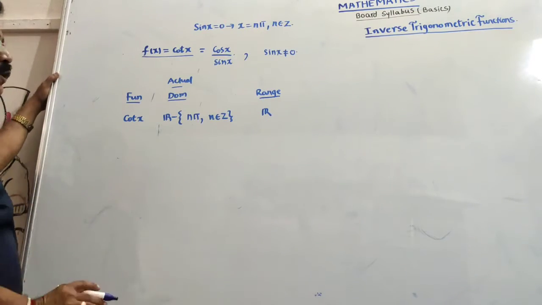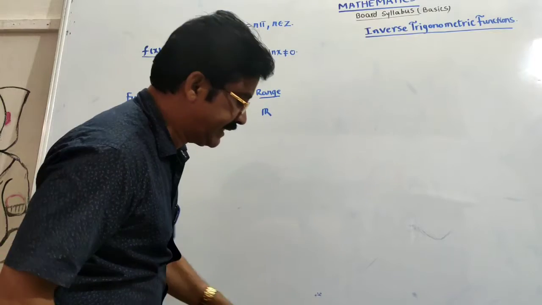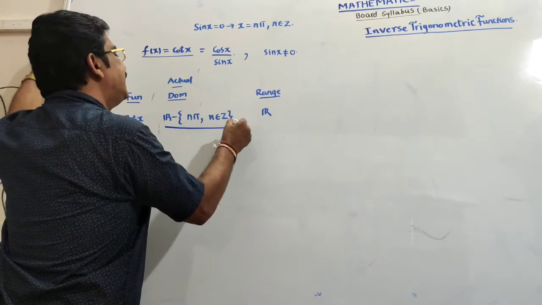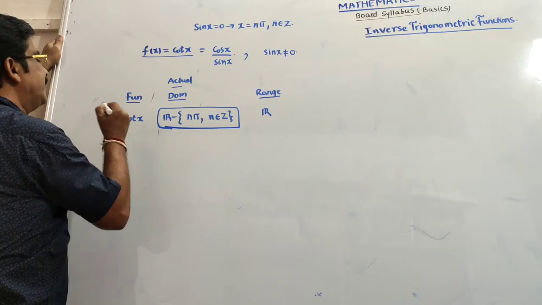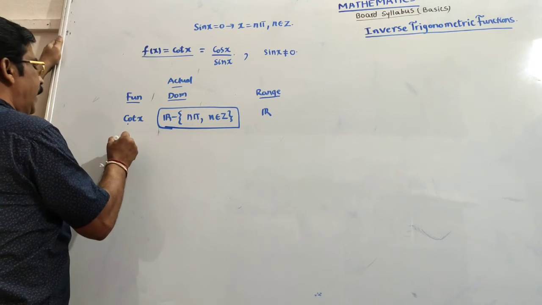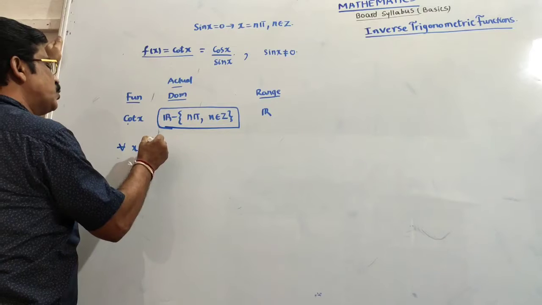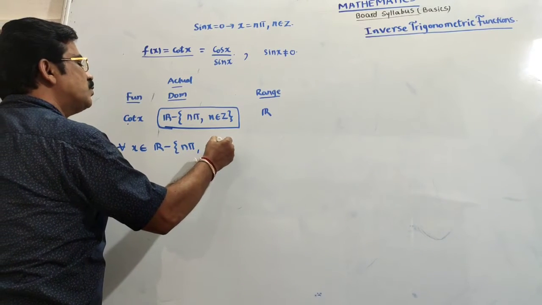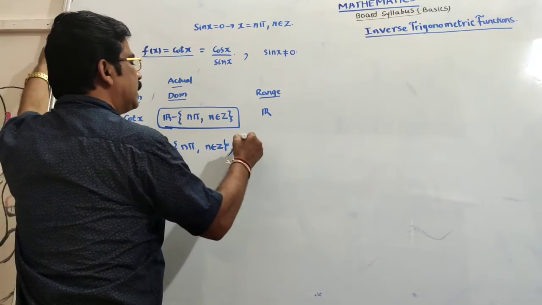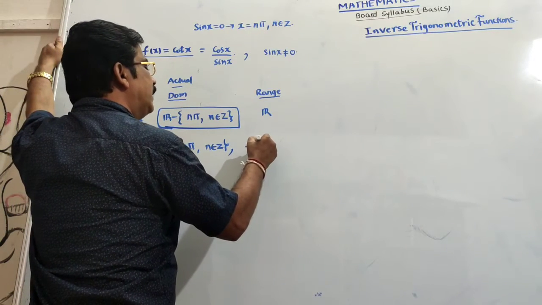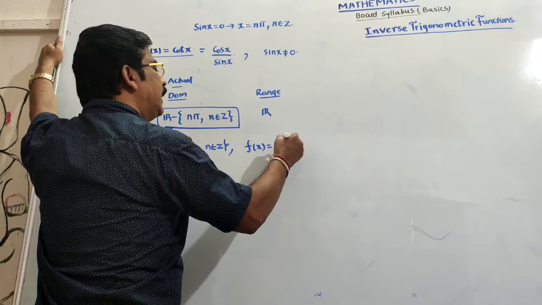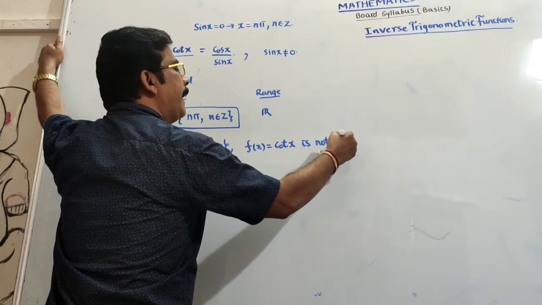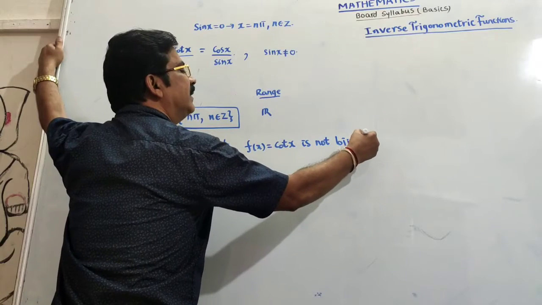Similarly, as in the discussion of sin, cos, tan, in this area cot x is not bijective. So for all x belongs to capital R minus n pi, n belongs to Z, f of x equal to cot x is not bijective.